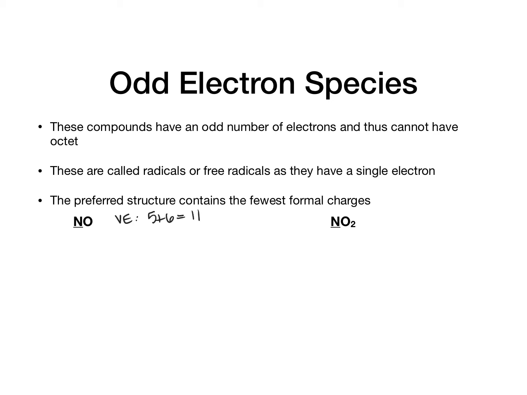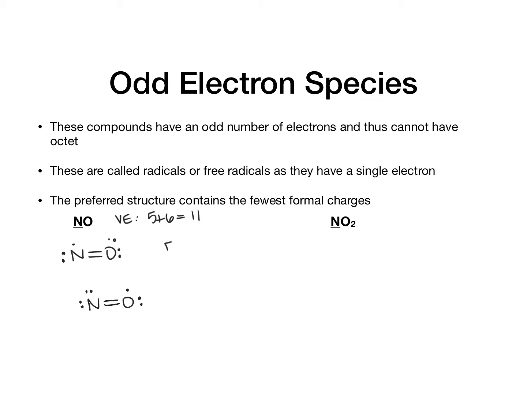So you could create 2 structures, or you could draw a structure that looks like this. The difference between these 2 structures, it has the same 11 electrons, but they either have a lone electron on the nitrogen or a lone electron on the oxygen.